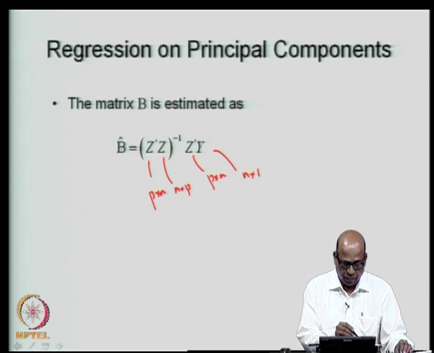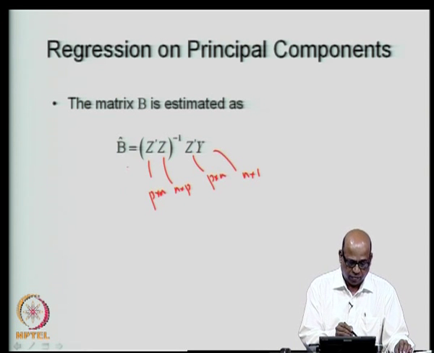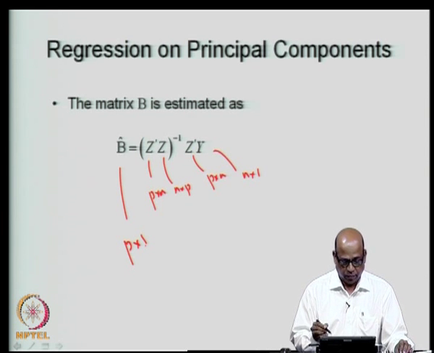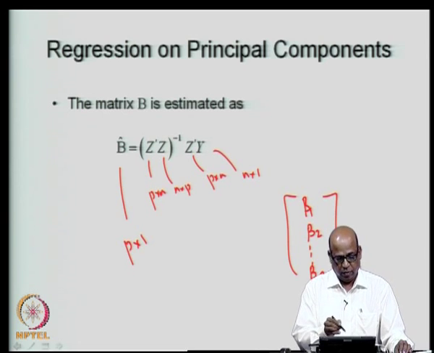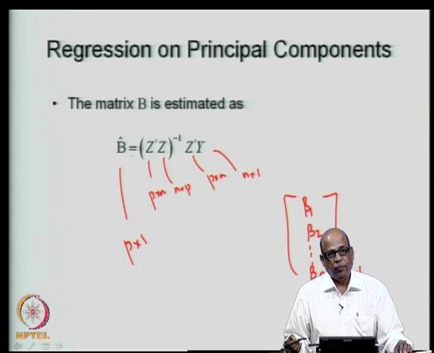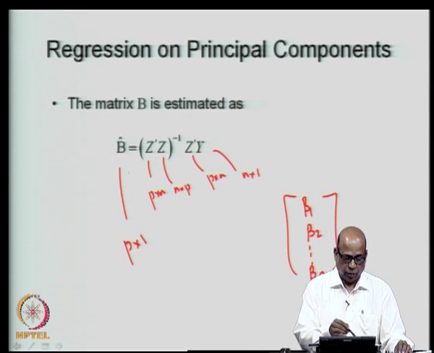So, this will be p by 1, b dash will be p by 1. So, that is what you get here. This is beta 1, beta 2, beta 3 etcetera up to beta p. This is p by 1. This is a matrix that you obtain from this expression here.